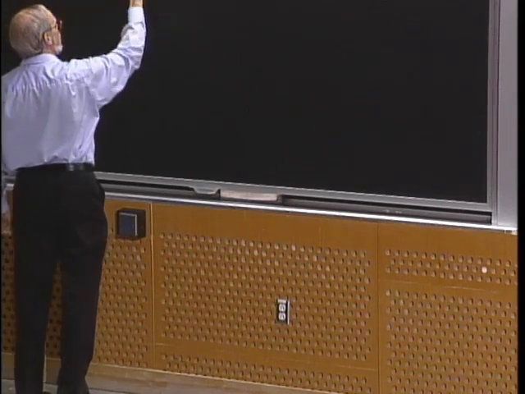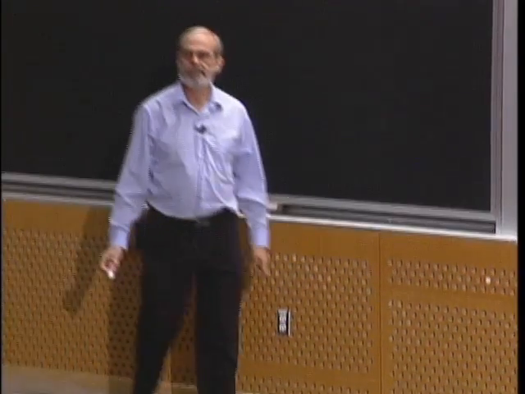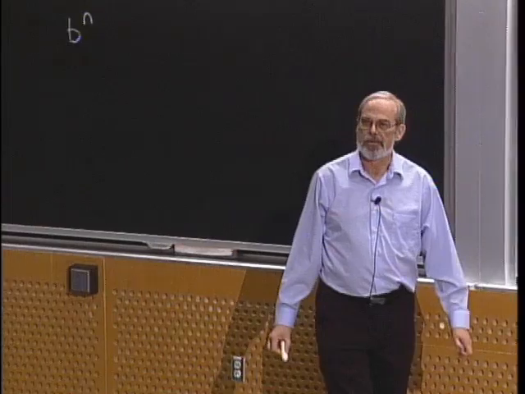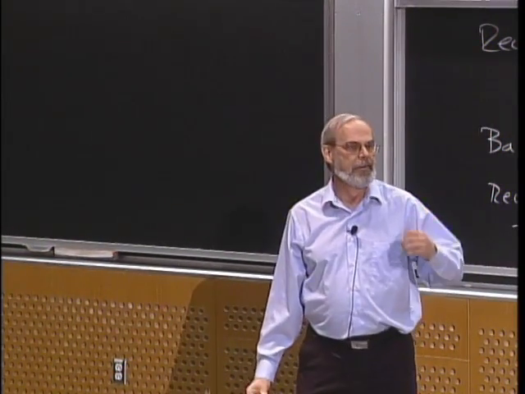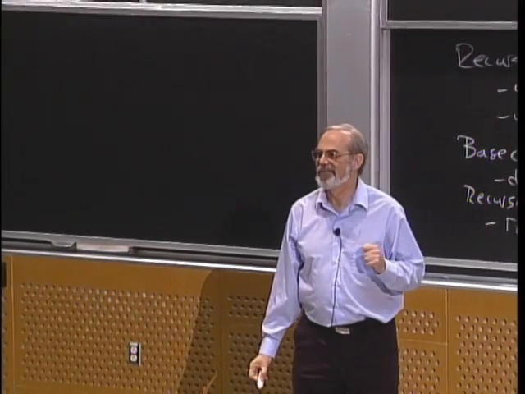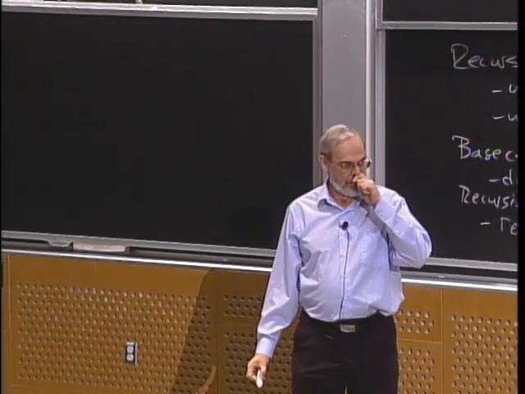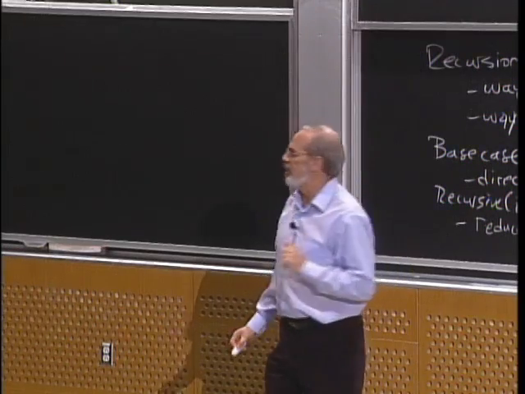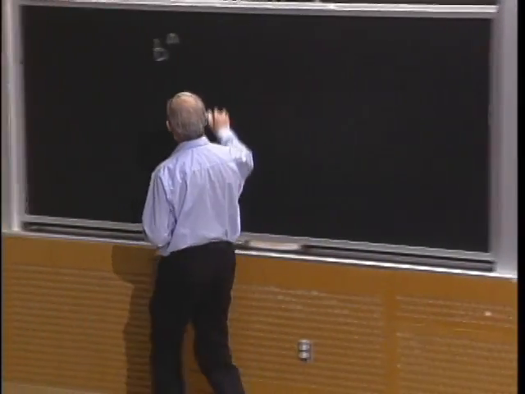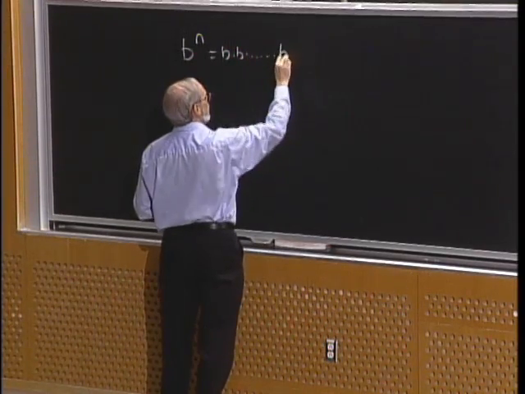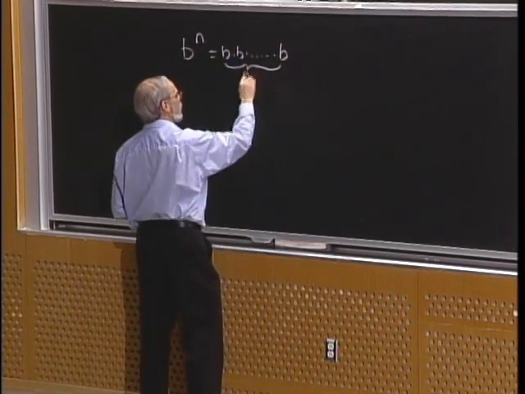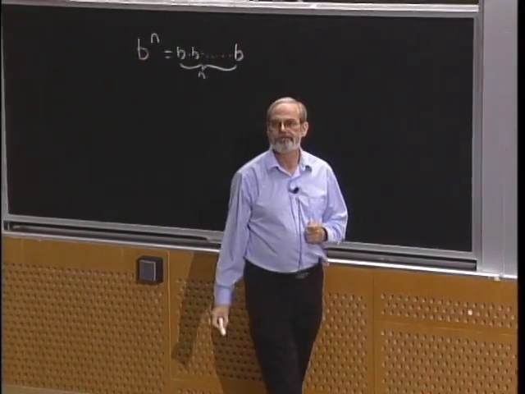Okay, here's the first case I'm going to do. Suppose I tell you I want to build a little procedure to do exponentiation. Integer exponents. Okay, I want to compute b to the n, but I tell you I got a really cheap machine, and all I can do is multiplication. So I can't use exp. A mathematician, a course 18 person, would say, what's b to the n? That's b times b times b, n times, right?